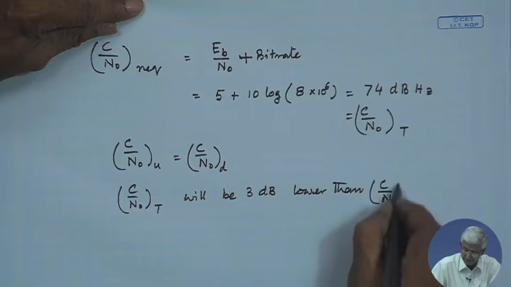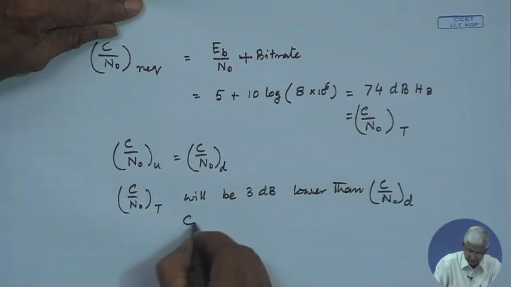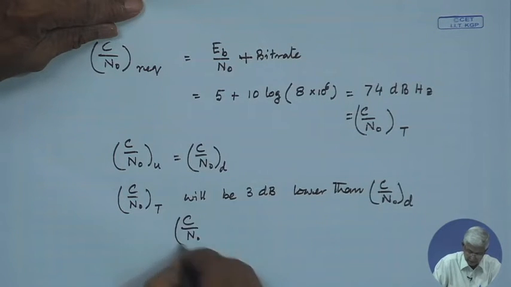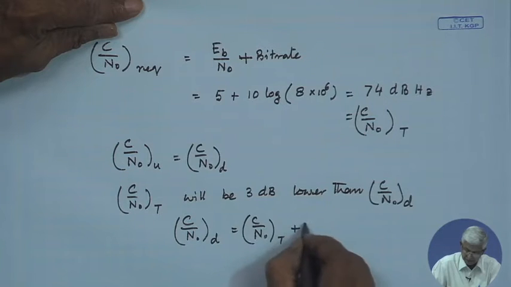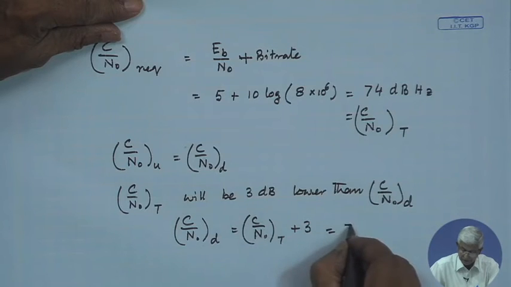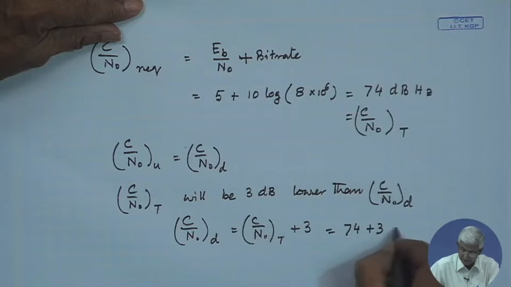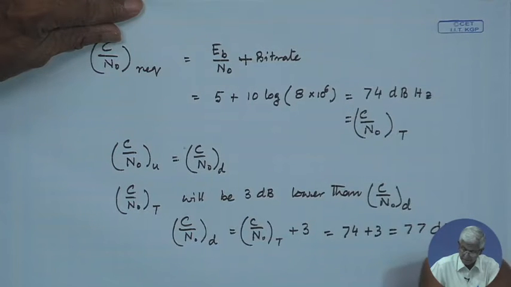So C by N naught down is C by N naught total plus 3 dB, and C by N naught total we got. So therefore C by N naught down is 74 plus 3 is 77 dB hertz.